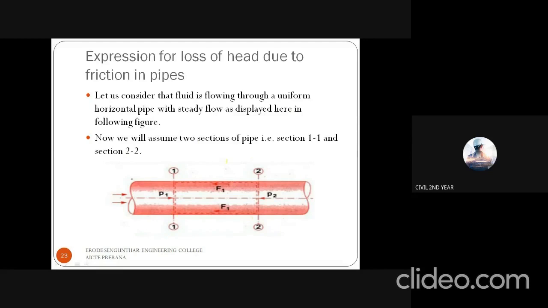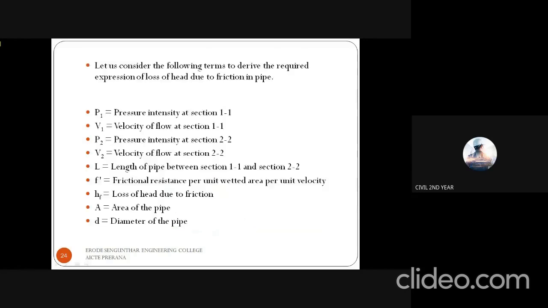In section 1 we are considering the parameters P1, V1. In section 2 we are considering P2, V2. Let us consider the following terms to derive the required expression of loss of head due to friction in pipe.